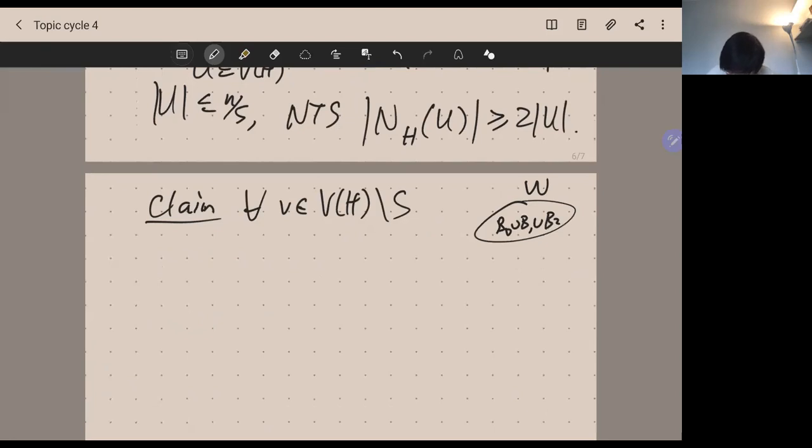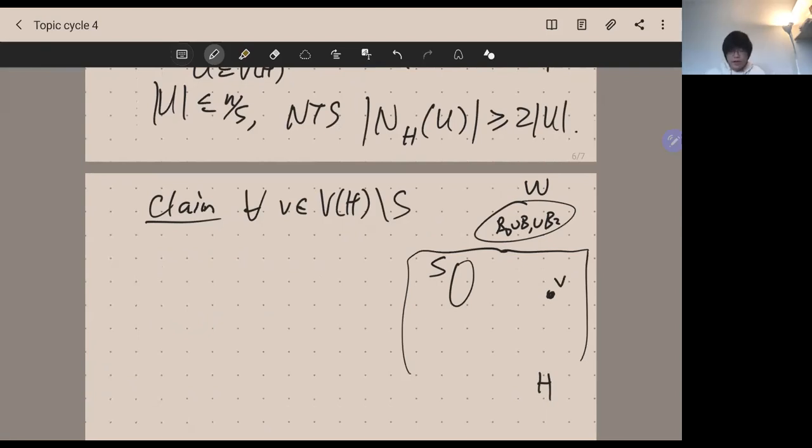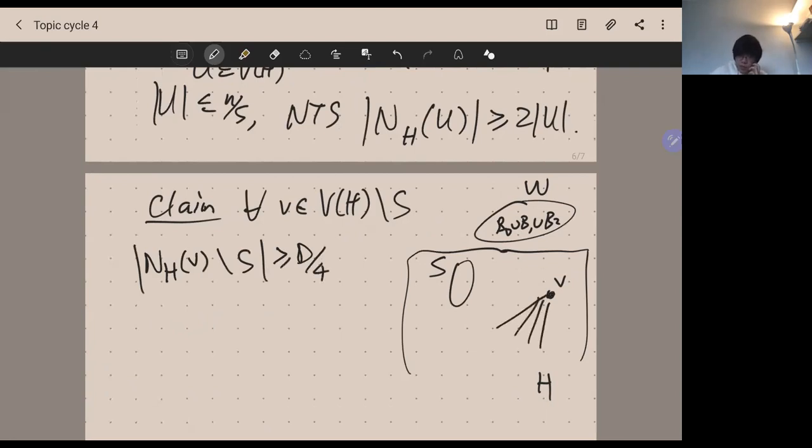And some part of S left over in H, a subset of S. So here is H. If you take a vertex V now, out of S, out of W that we removed, it has large degree out of S. It has many neighbors here, basically, at least D over 4.